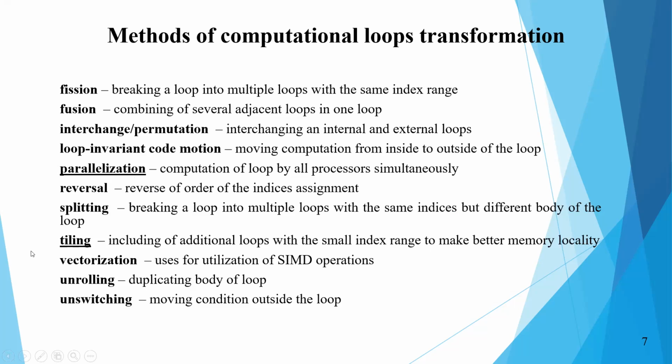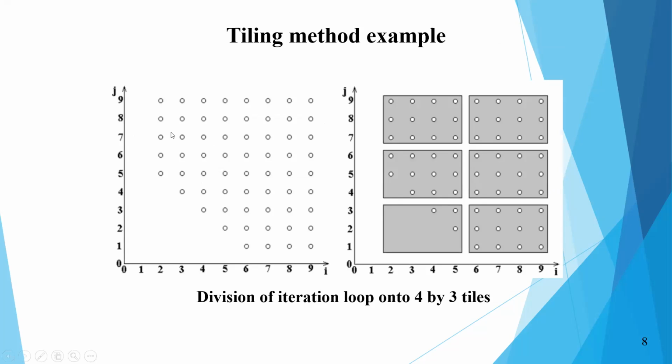And tiling, this is another method. It's a little bit harder to understand, but if we look at the picture right now, we can see that we have a computational loop with two axes, but it can be 3, 4, 5 dimensional, it doesn't matter. This is just an example.